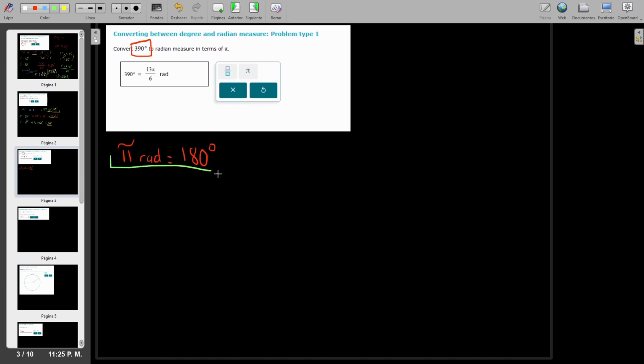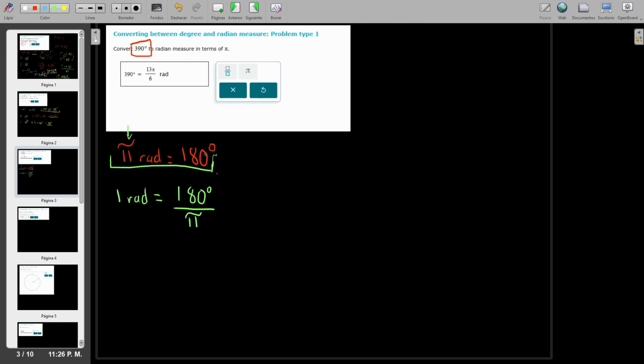Why? Because this is an equivalence. This is a correct equation that always is going to be true. So to have the equivalence of 1 radian, we need to get rid of this pi, so we put it to the other side dividing. So we have one equivalence, 1 radian equals 180 degrees over pi.